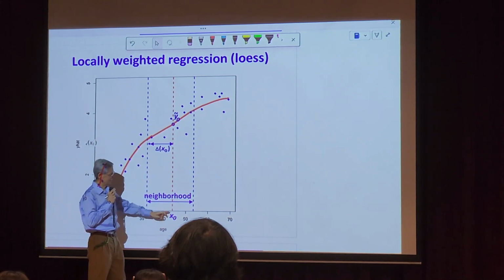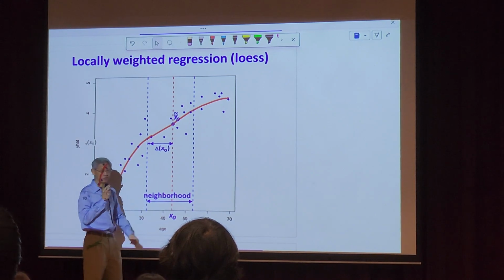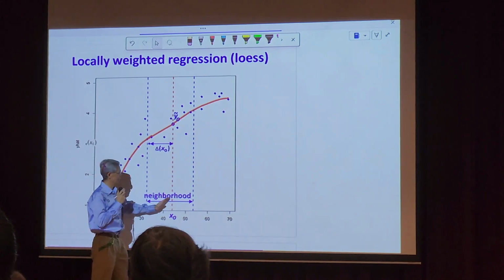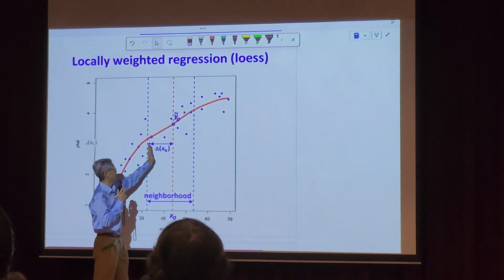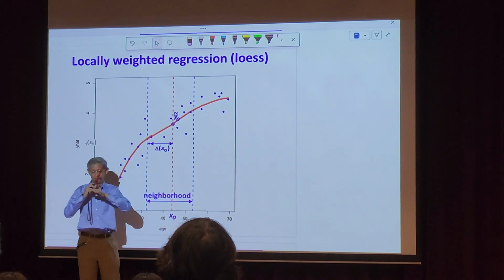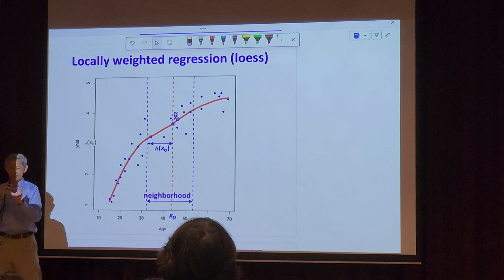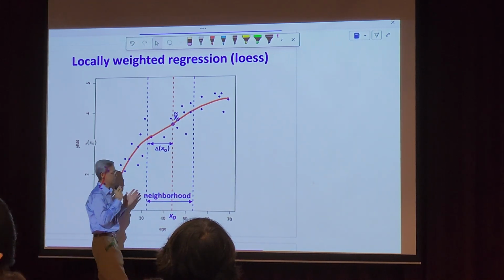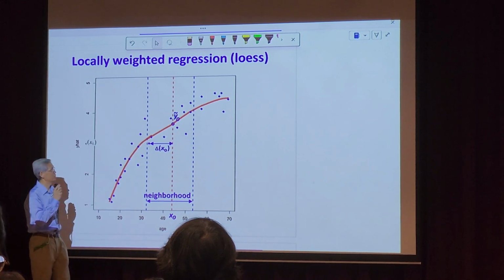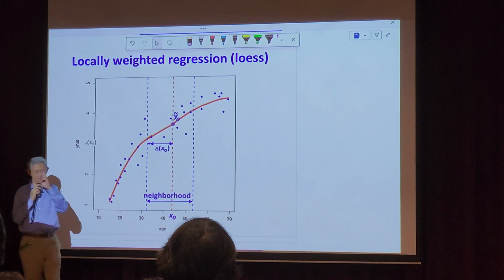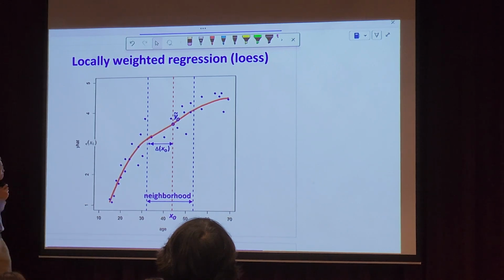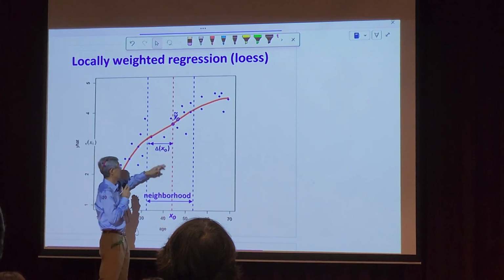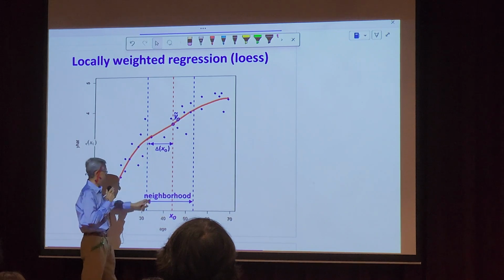Here, for the loess method, given a point x0 here, you determine a neighborhood that contains 20% of all the points in the data set. If there are not enough points, you just keep increasing the neighborhood until you have 20%. And delta x0 is the maximum distance from x0 to here.